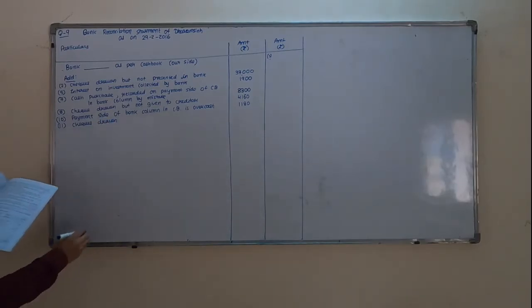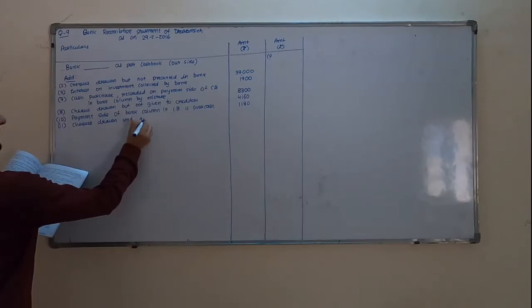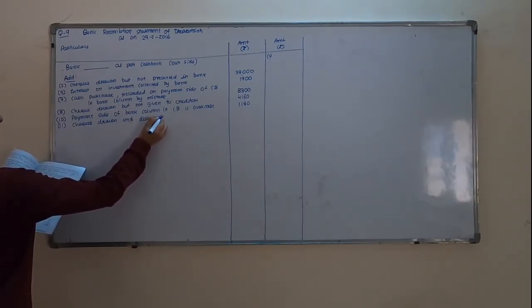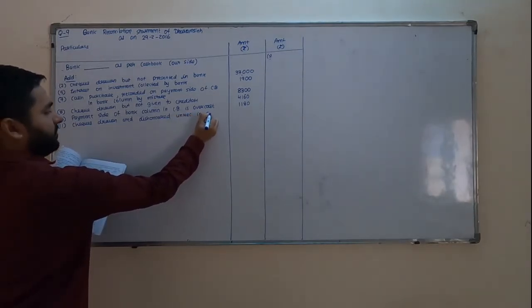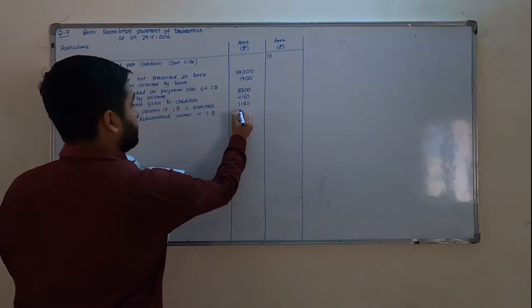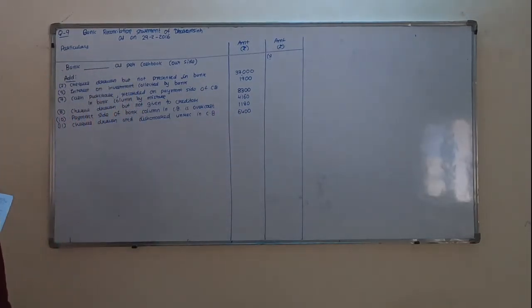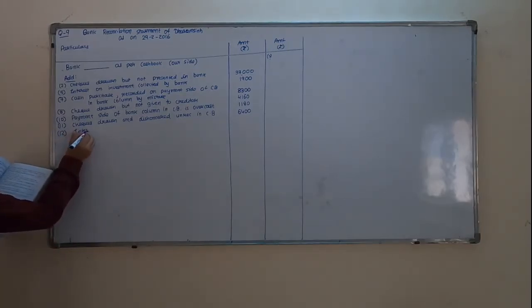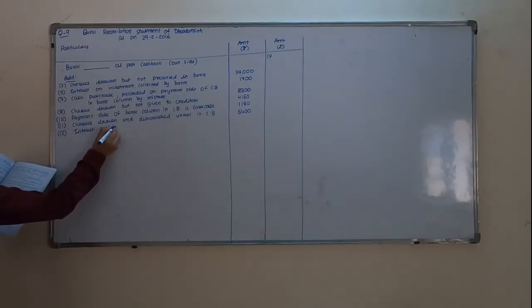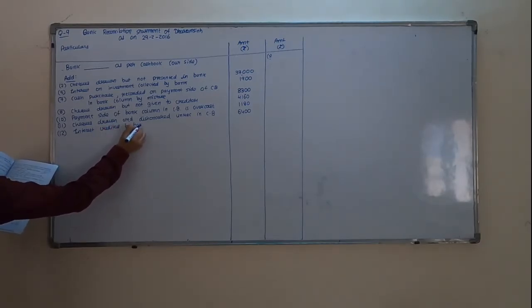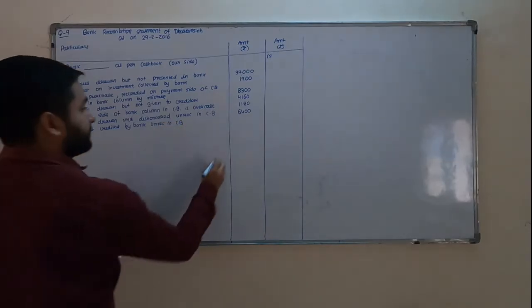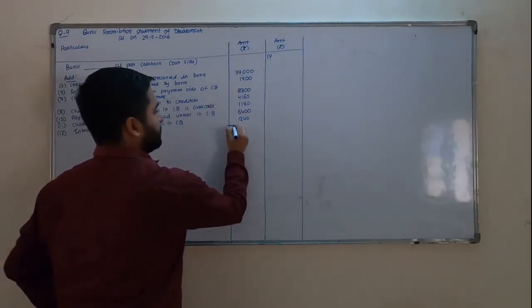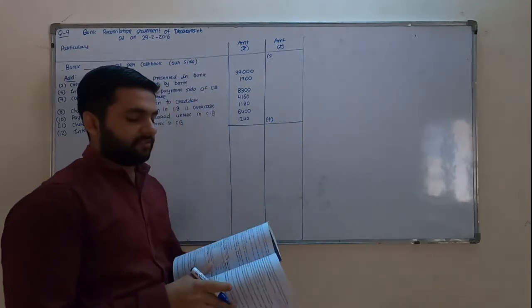Checks drawn and dishonored unrecorded in cash book, 6,400. Next transaction to add is number 12. Only half the transaction. Interest credited by bank unrecorded in cash book, 1240. Okay, these are the transactions which we need to add.